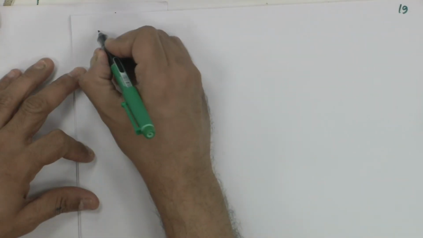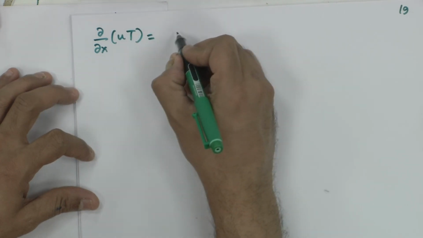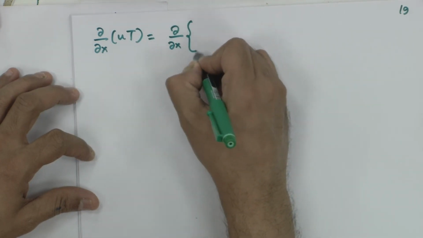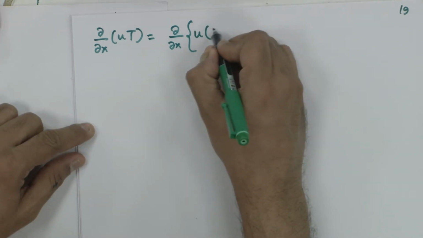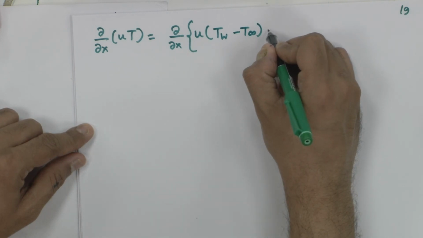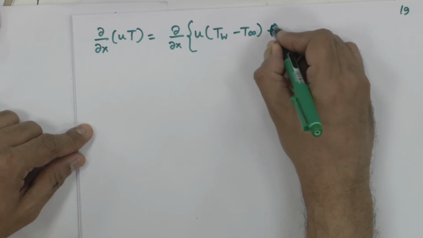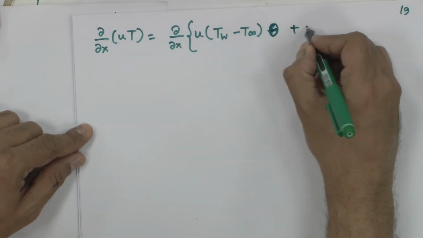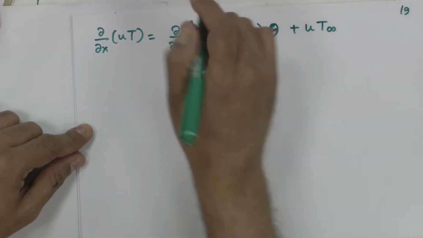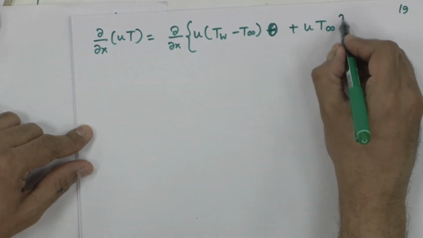So, I will do one term, d by dx of uT is equal to d by dx of u into (T wall minus T infinity) theta plus u times T infinity. Theta is this, (T wall minus T infinity) into theta, that is T. There is a plus T infinity which comes, both of which are multiplied by u.